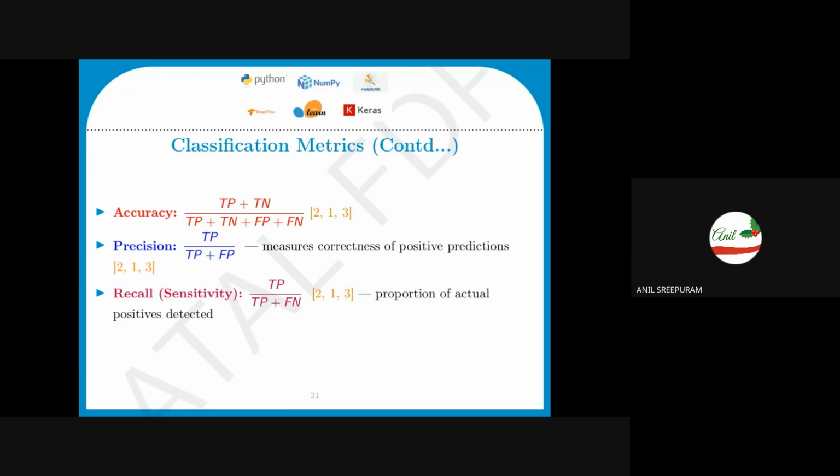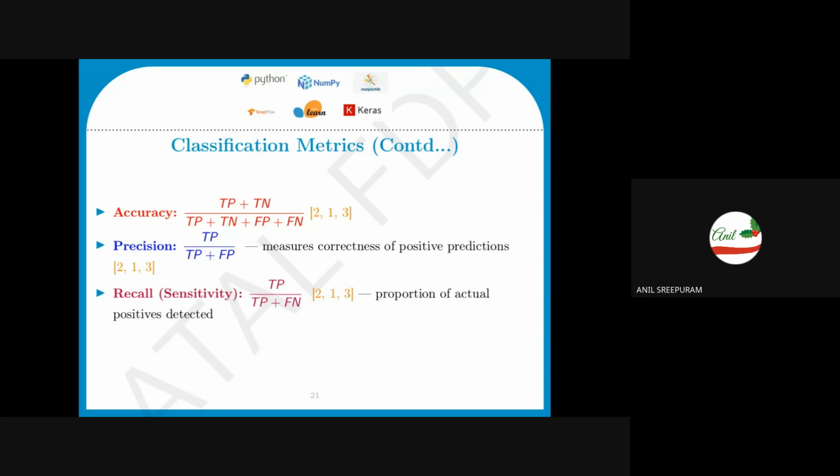Out of these predictions, how many are actually correct? So that is actually TP by TP plus FP. TP plus FP means it is the total number of predictions by the model to be in class 1. TP means exactly how many are in class 1. So TP by TP plus FP will be giving you the total number of samples which are correctly classified to be a class.